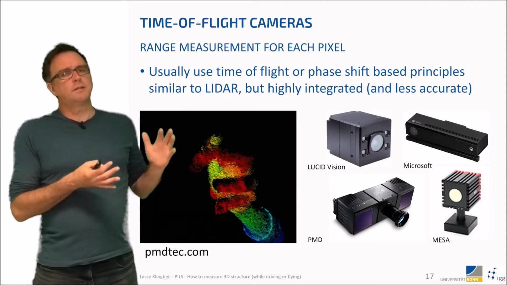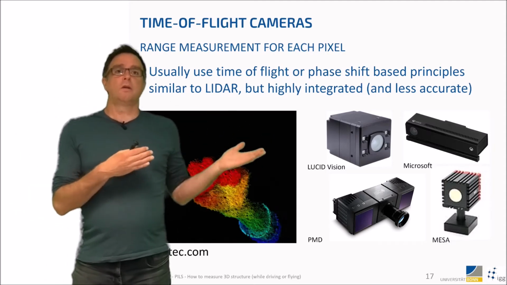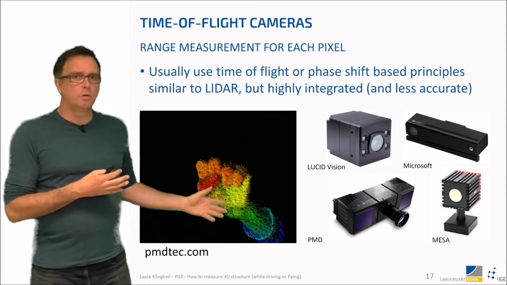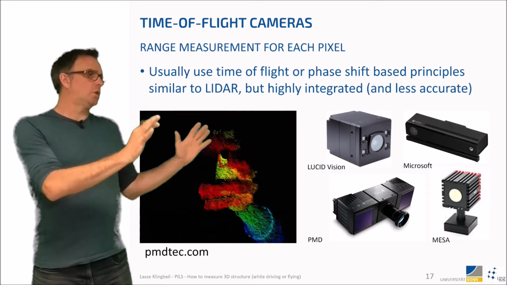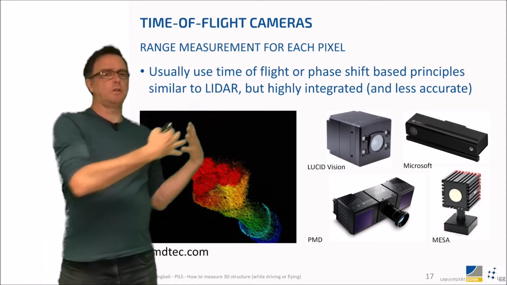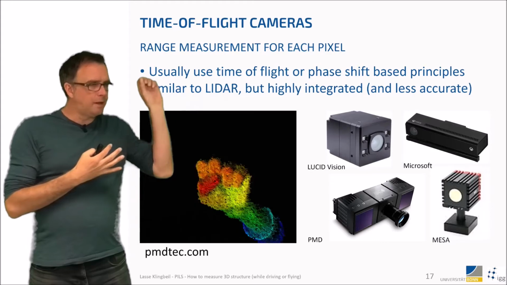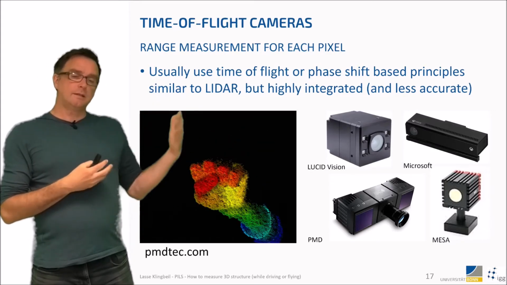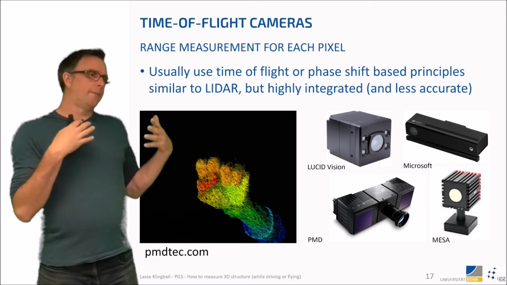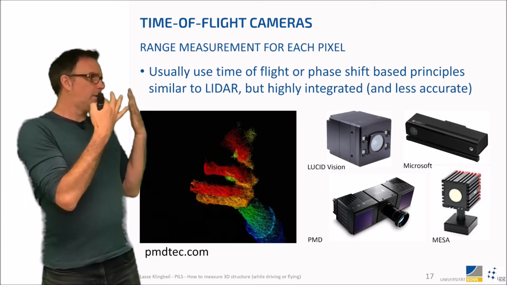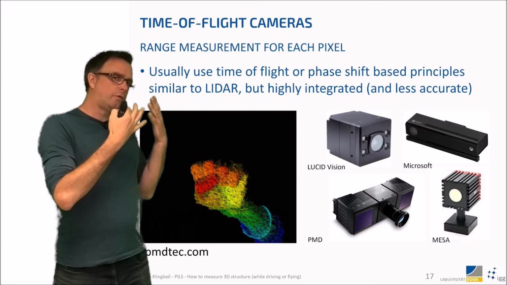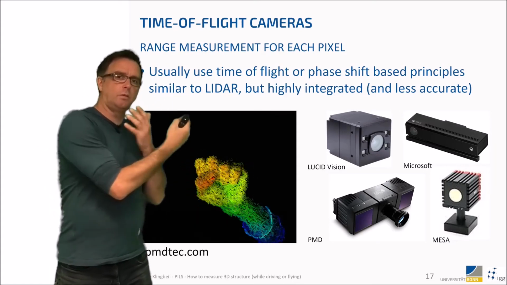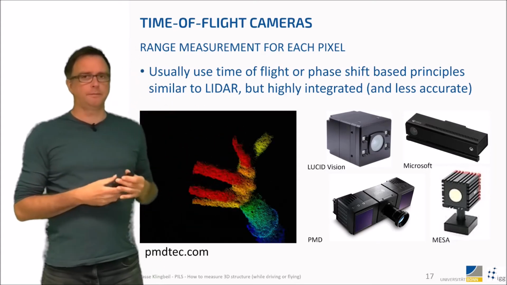They're basically very similar to the time-of-flight or the phase shift measurements, but they give you a one-shot depth image for each pixel. They're usually not as accurate as a laser scanner, but of course the advantage here is that you get the full matrix of ranges basically within one time frame.